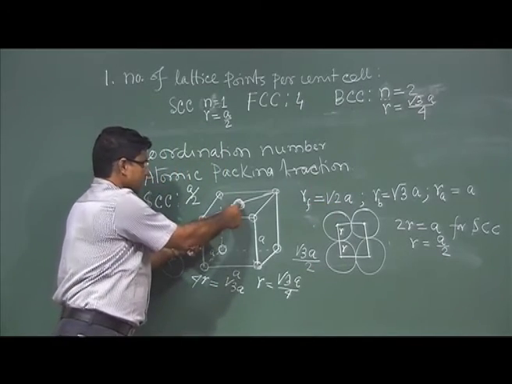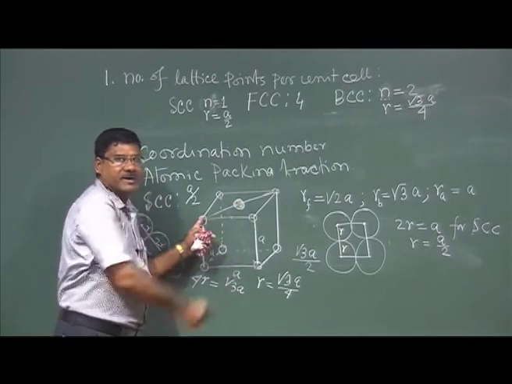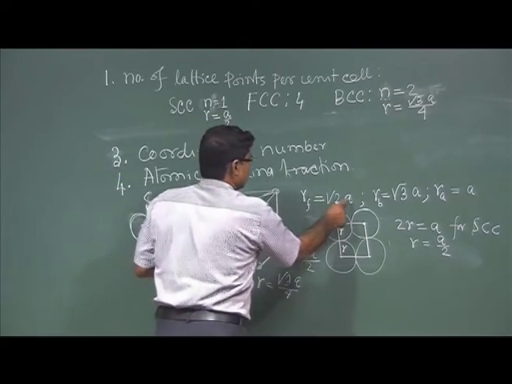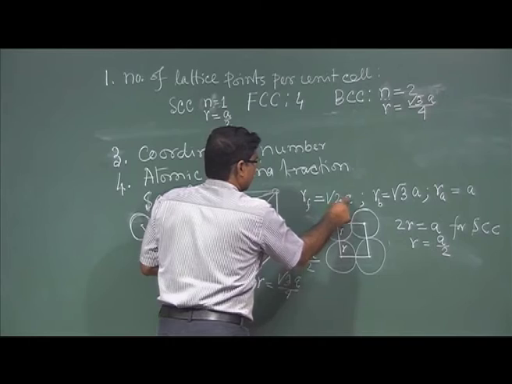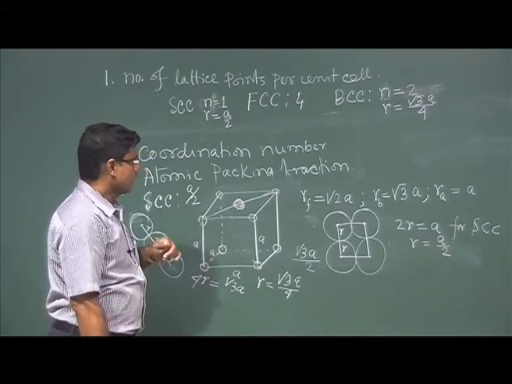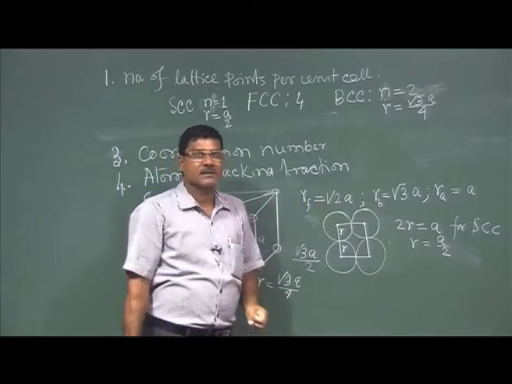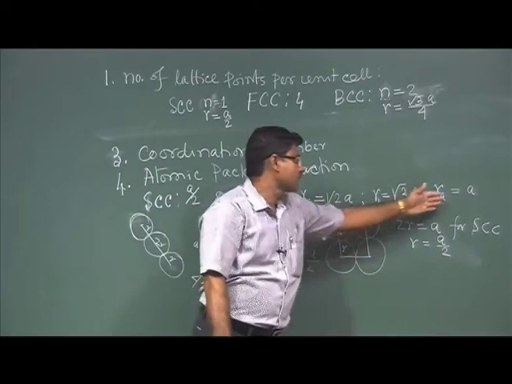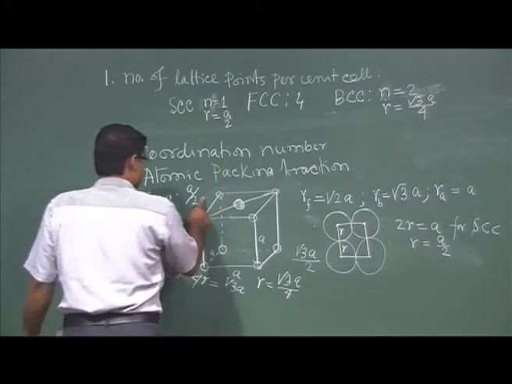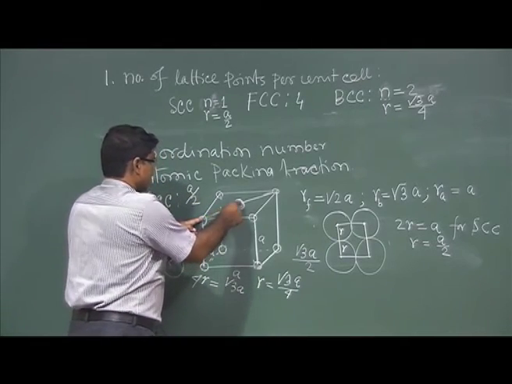So the distance between the corner atom and this middle atom will be root 2 a by 2, which means a by root 2. Again a by root 2 will be the smallest distance because the other two distances are higher.